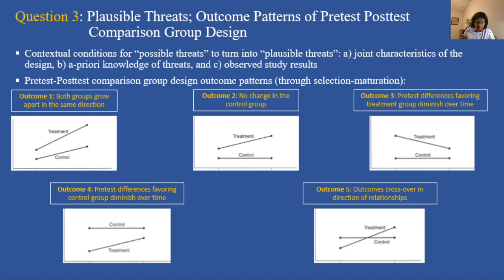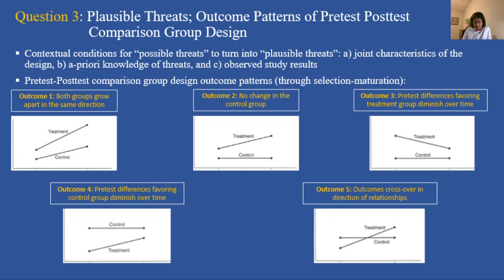Selection maturation threat is often associated with post-test within group variances which are greater than corresponding pre-test within group variances. Such analysis can help determine whether these effects are due to the treatment or any other cause. This fan spread model outcome, it seems, is commonplace in quasi-experimental studies.